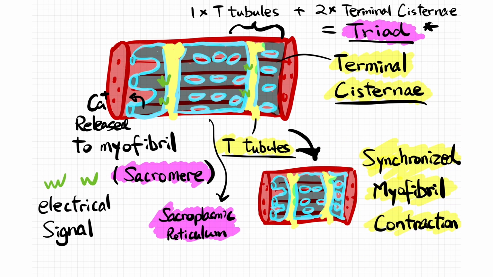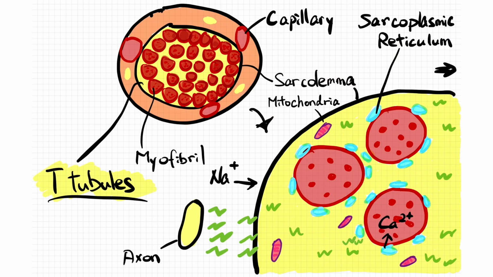T-tubules are invaginations or inward extensions of the cell membrane, or the sarcolemma, that extend deep into the muscle fiber. They run perpendicularly to the longitudinal orientation of the myofibrils and allow for rapid transmission of action potentials from the sarcolemma to the interior of the muscle cell.